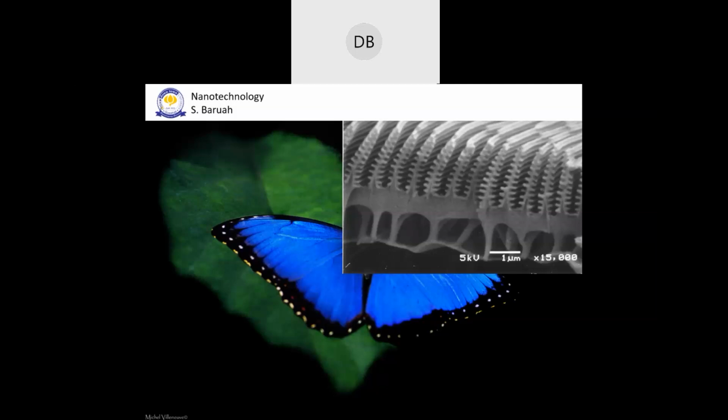Now what is happening here is that the dust particles that are there in the atmosphere actually play around with the light coming from the sun, right? And a process called diffraction happens.